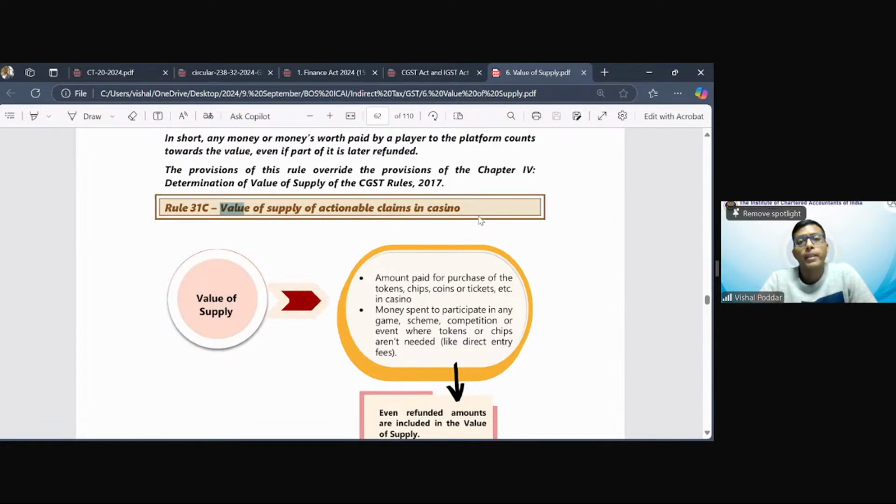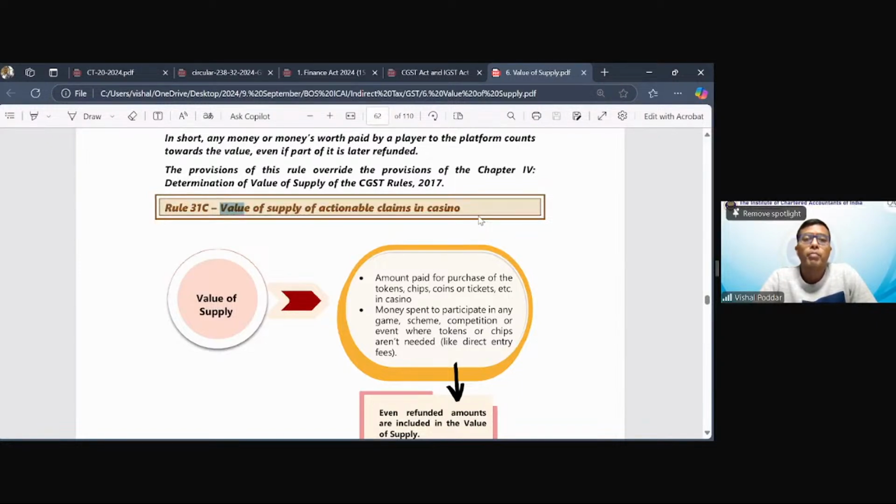So let us say you are going to Goa, and in Goa, you have these casinos in the form of boats, the four or five storey boats. In that, you have the casino cruises. So you go to one of these cruise boats and you enter there.